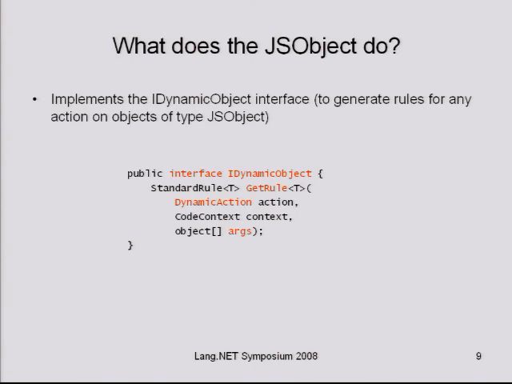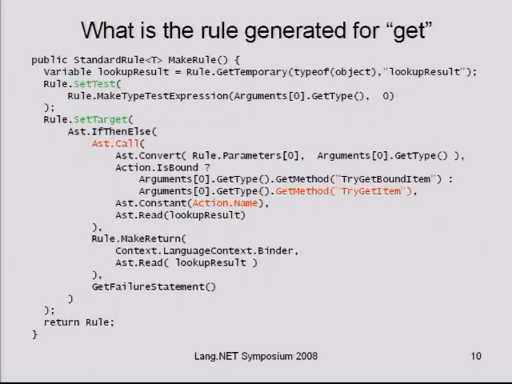In our case, it will be O, because on O we are doing the action of getting a member. So now the JS object has to generate a rule and return it to the DLR.